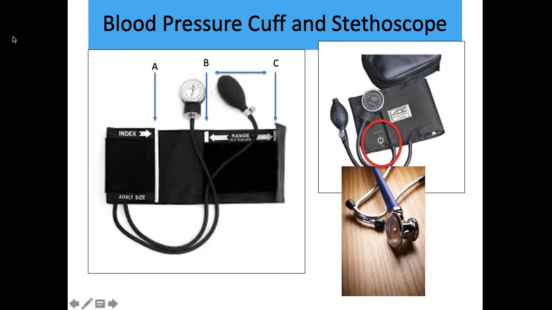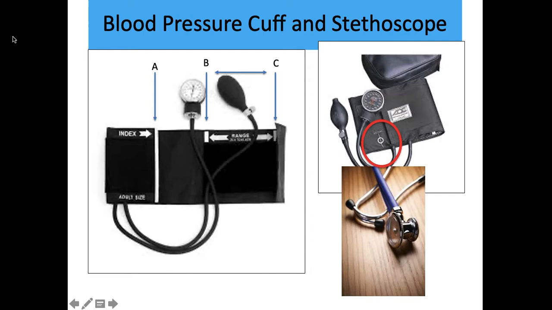On the other picture in the upper right, it's hard to see, and I do apologize, but there's a little line with a circle and it says artery. So when you apply a blood pressure cuff, and they vary from manufacturer to manufacturer, you would have already located the brachial artery, which again is on the medial side around the antecubital area, the crook of their elbow, so to speak.